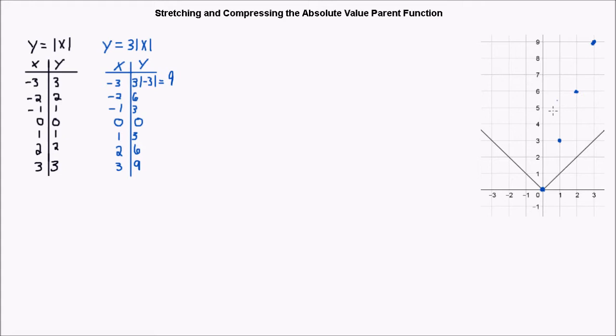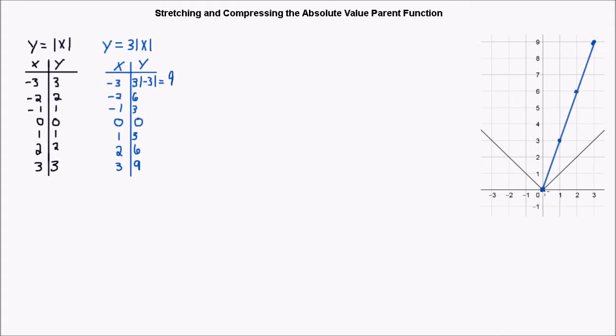To make this a little easier to communicate, I'm going to refer to the graph of absolute value functions to the right of the vertex as the right-hand branch of the graph. So I'm going to call this the right-hand branch of y equals 3 times the absolute value of x.